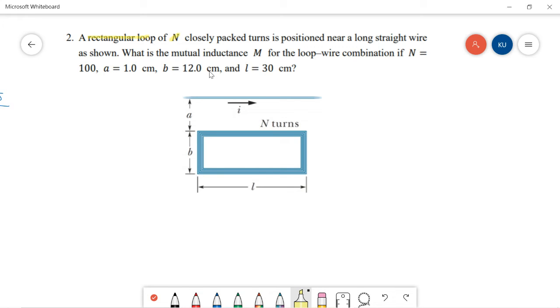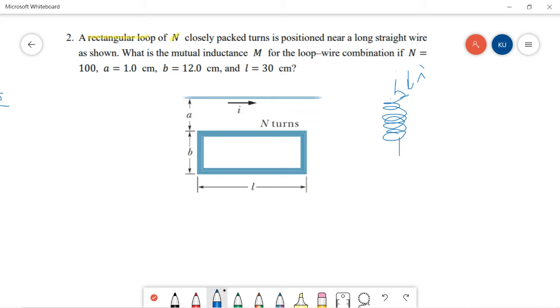So in this chapter, we know that we have briefly two kinds of inductance. One is self-inductance, something like an inductor, because you have a current, and when this current goes through a loop, you will generate the magnetic flux going through the other turn.